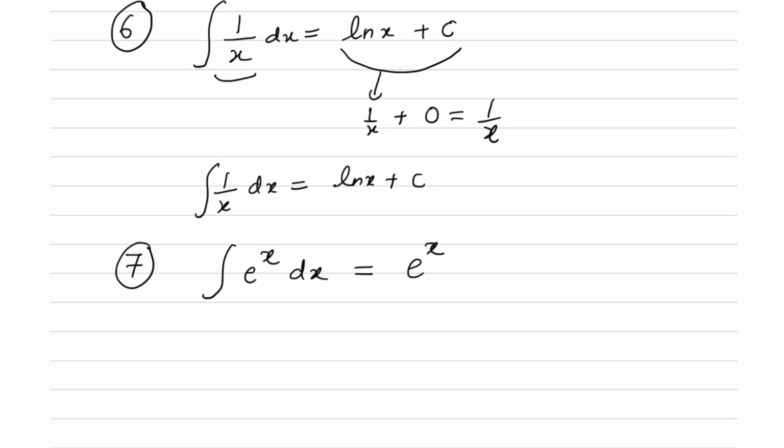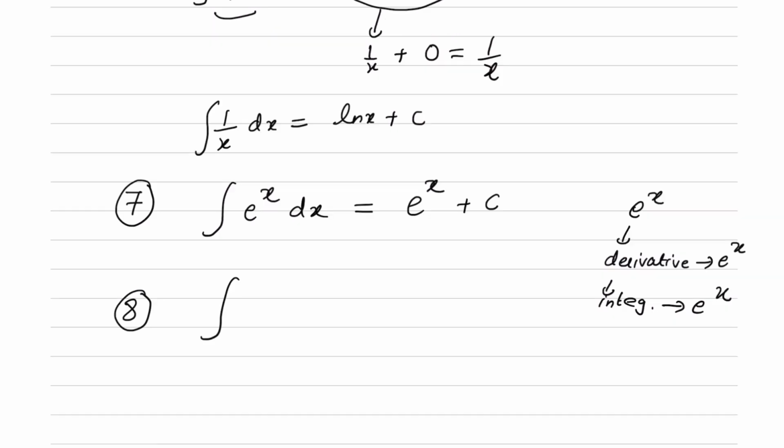Integration of e power x dx is the same, e power x plus some constant. Remember that e power x is that kind of function such that its derivative is the same and its integration is also the same. Let's find the integration of 1 over 1 plus x squared dx, which is tan inverse x.